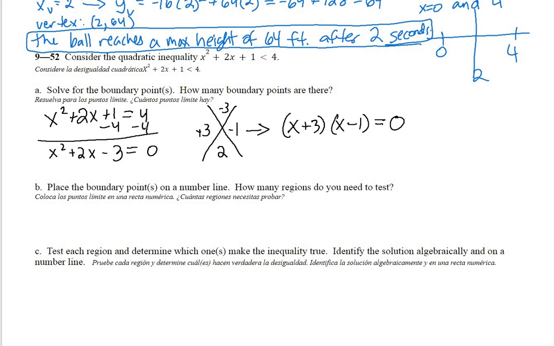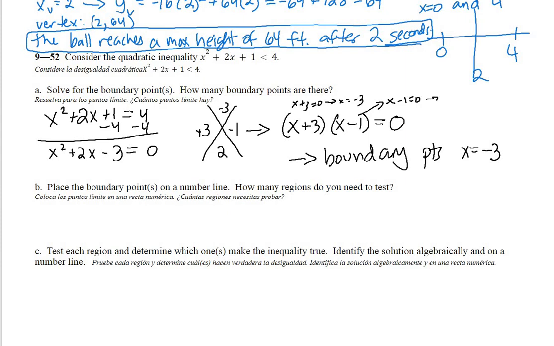Okay, good. So my boundary points are at x equals negative 3, because the zero product property causes that to change sign. That's like x plus 3 equals 0. So that's x equals negative 3, and x minus 1 equals 0 gives us x is positive 1. So my boundary points are at x equals negative 3 and positive 1. There are 2.